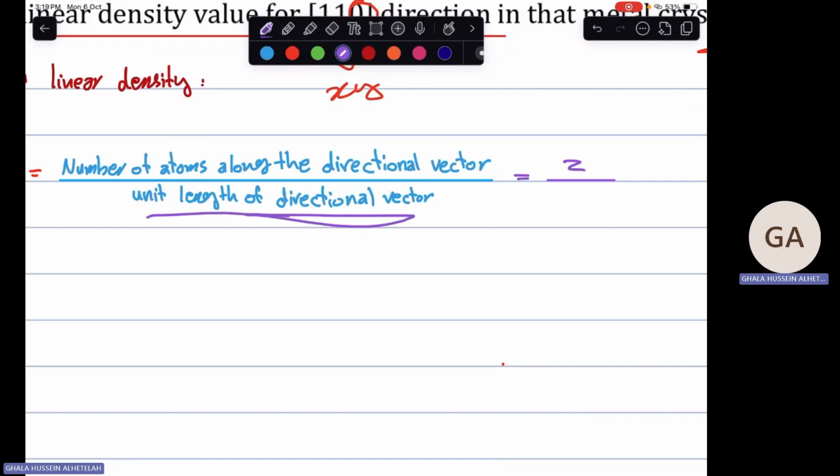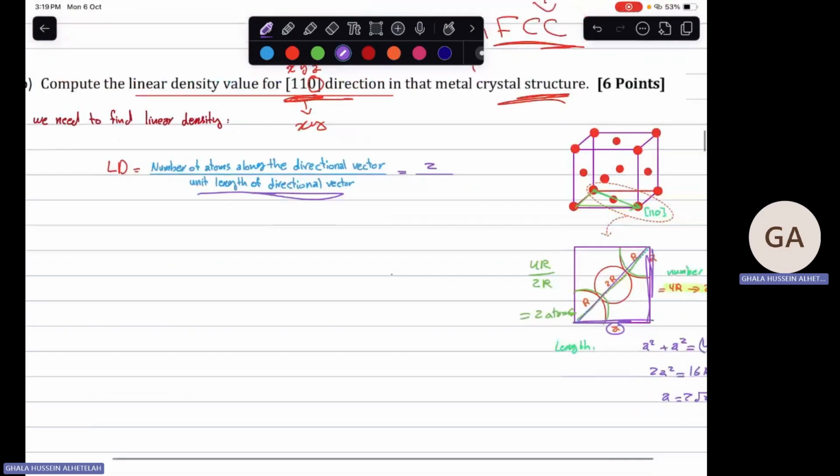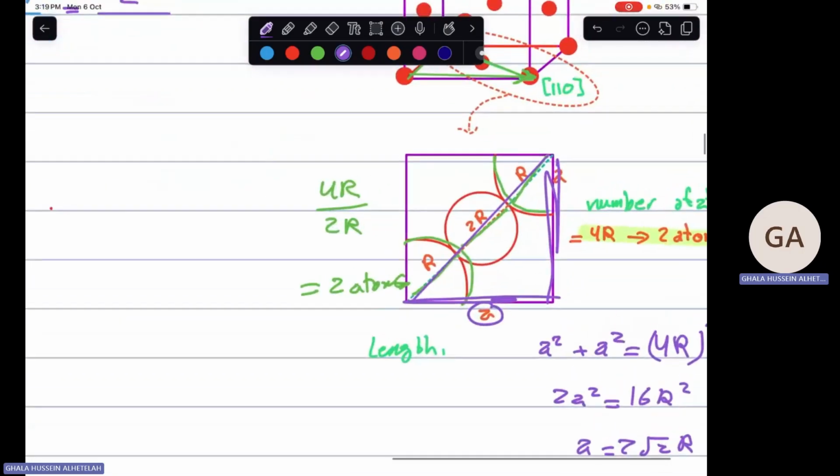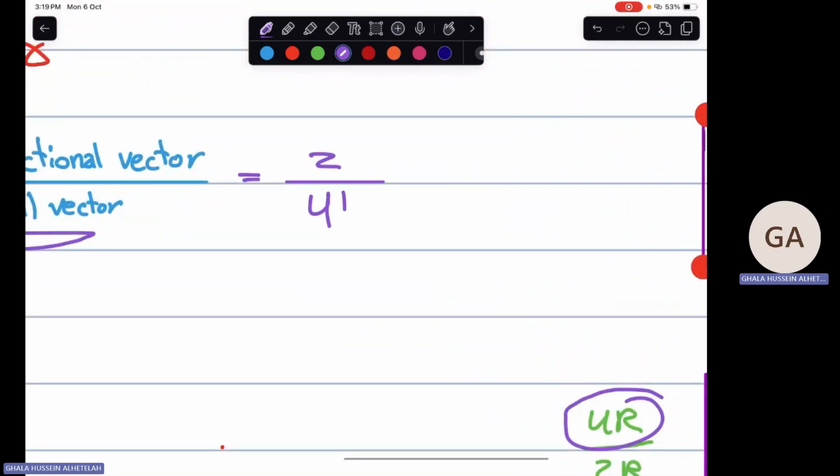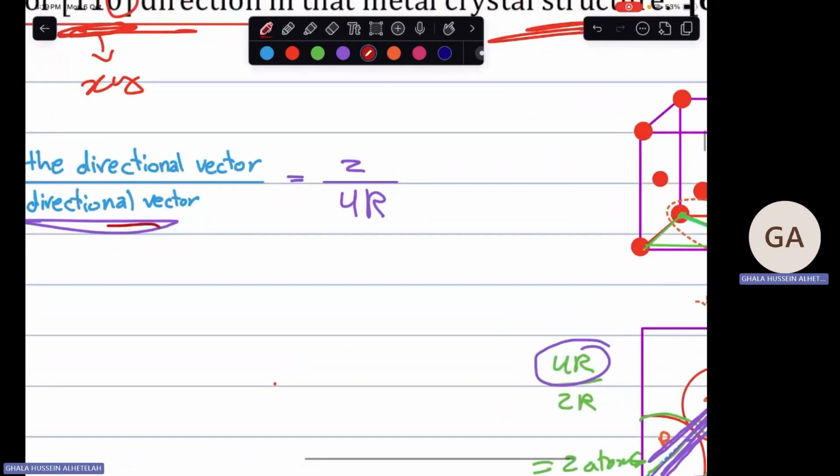And the unit length of the vector, in terms of r, we are going to find is equal to 4r. Okay, it is 4r. Or there is some other solution where you find the unit length based on the a variable.